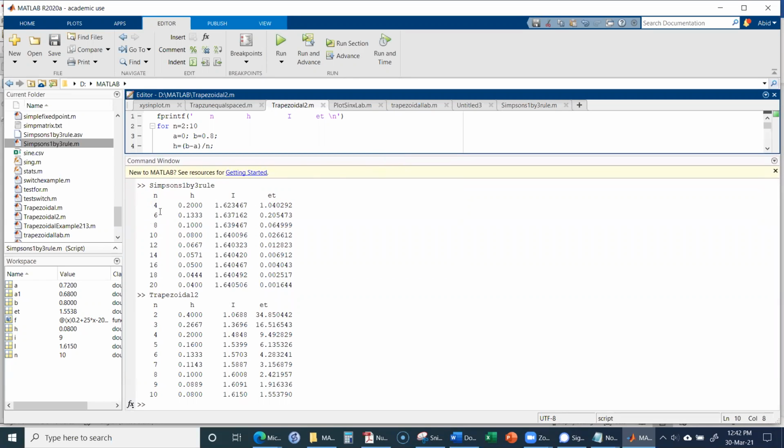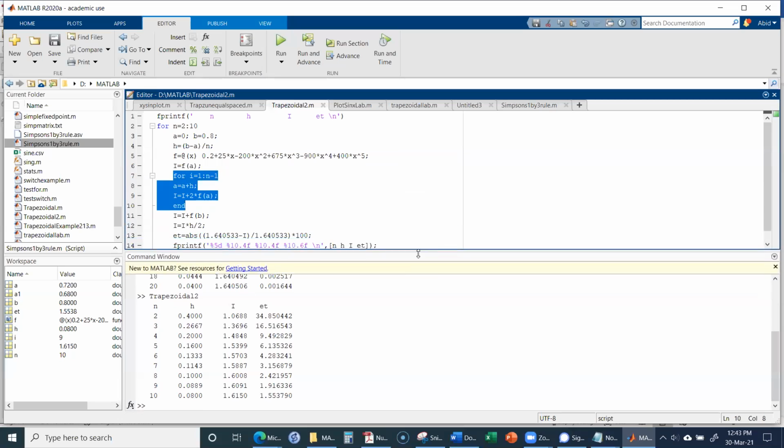These are the results for the Simpsons rule. For example, for the 10th iteration, the value is 1.640096 and the error is 0.0266. But here in the trapezoidal rule, in the 10th iteration, the error is 1.55. The error is much more. So Simpsons rule is much better than the trapezoidal rule.